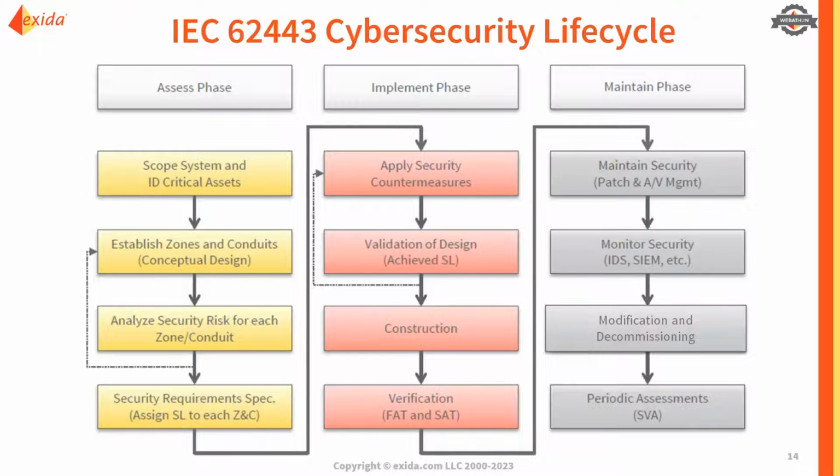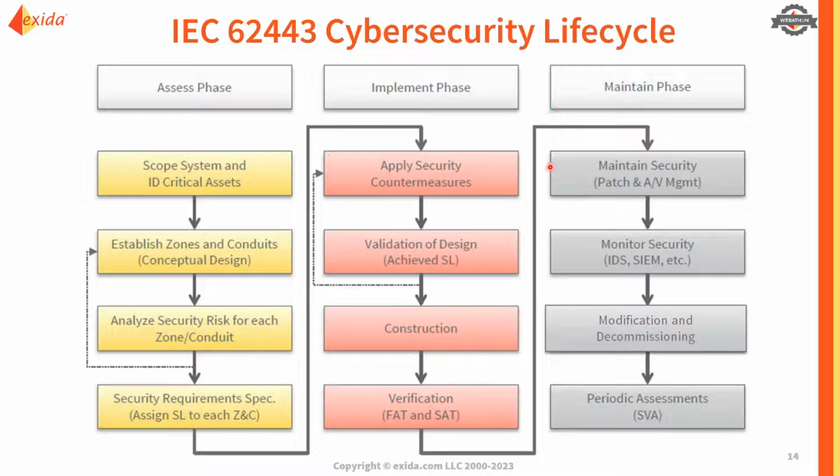And so for those, we'll really drive through the cybersecurity lifecycle that's outlined in 62443 and think about everything we need to do from the assessment phase, like the cybersecurity risk assessments that we talked about, identifying the critical assets, through the implementation and design phase where we are applying countermeasures, adding protections into our systems, specifying those requirements to vendors and equipment suppliers, and then testing them during the cyber portions of FAT and SAT.